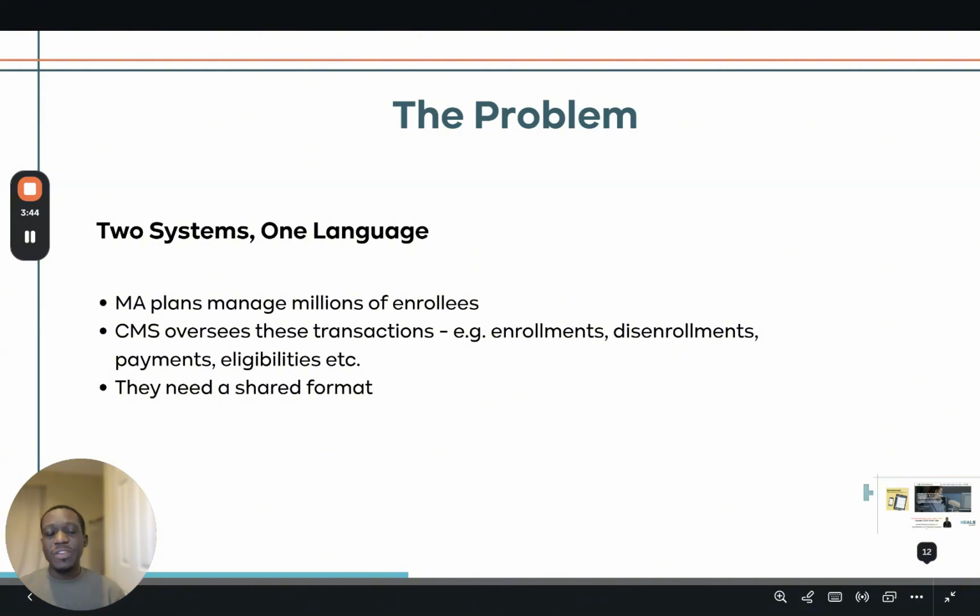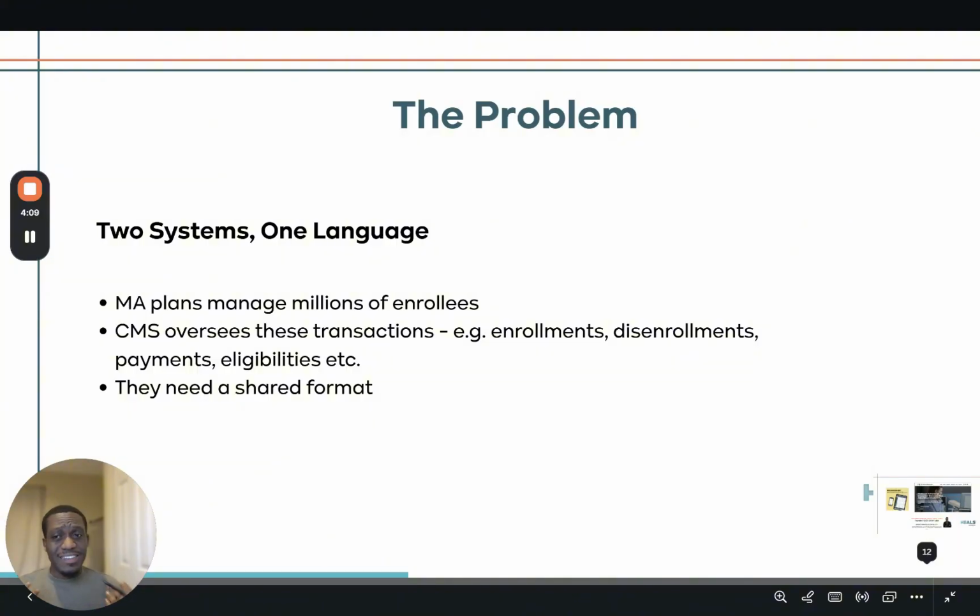The Plan Communications User Guide is actually, I would say, the Bible of the Medicare Advantage and prescription drug programs as you work in this space. The PCUG is the dictionary that sits between CMS, MAPD, and plans that are communicating with each other.